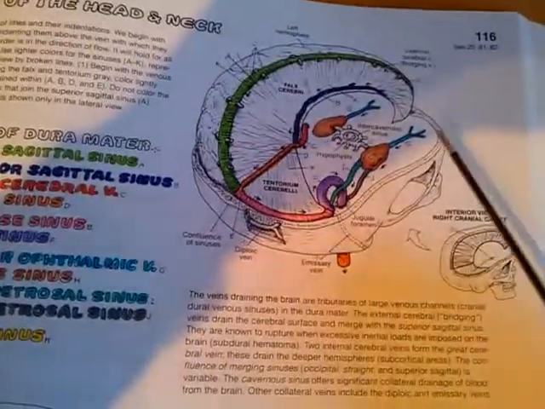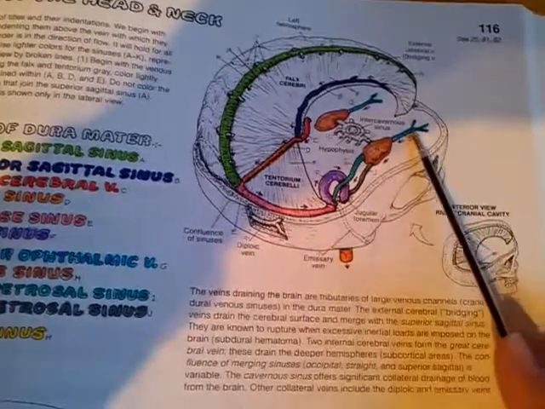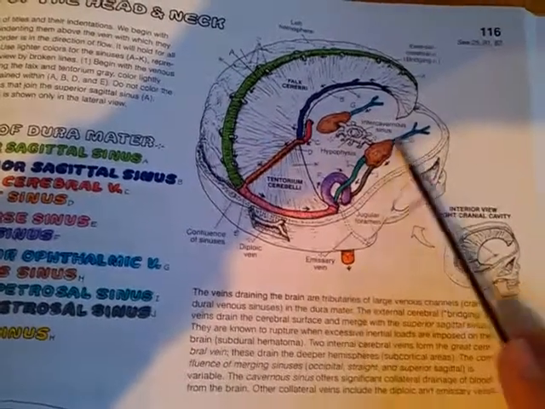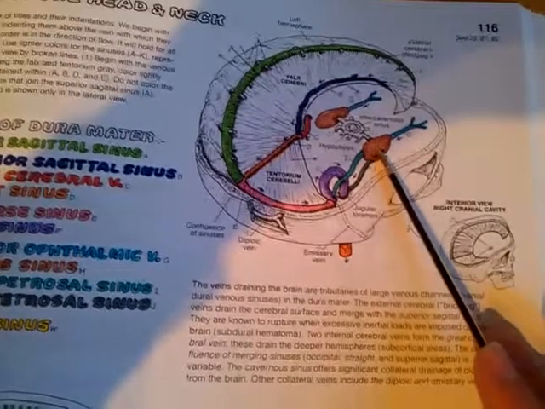They are contained inside the meningeal layer of the dura mater. So to name these sinuses, you have the superior ophthalmic vein that goes into the cavernous sinus.